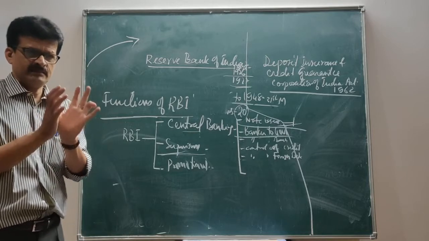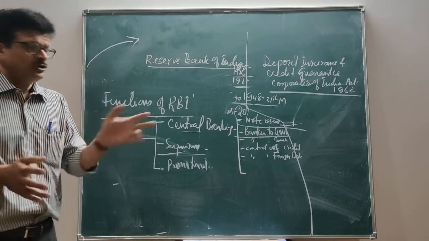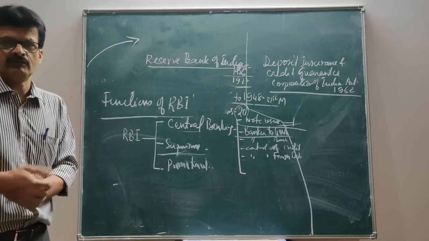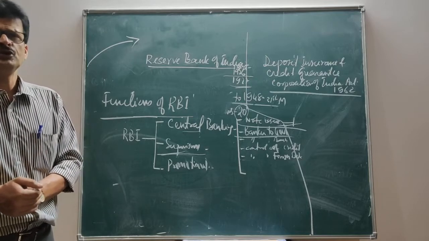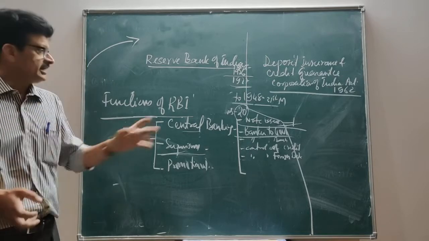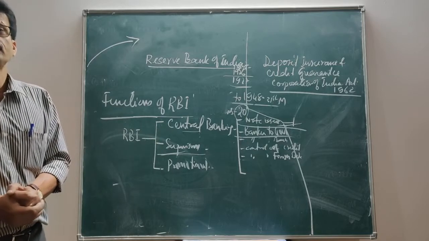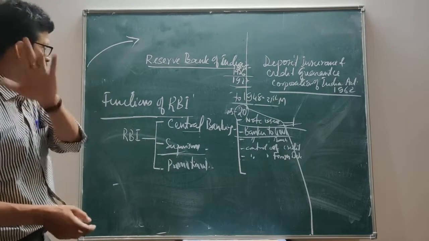Understand? By being the chief economic advisor to the banks and to the governments, it is able to exercise its clout in respect of the economic growth of the country as a whole.